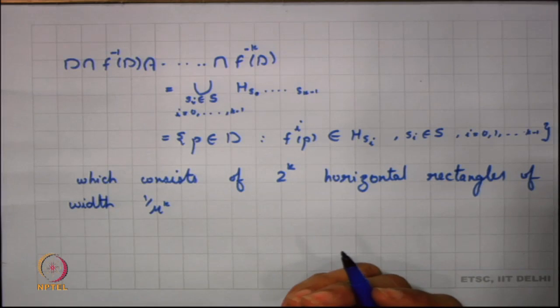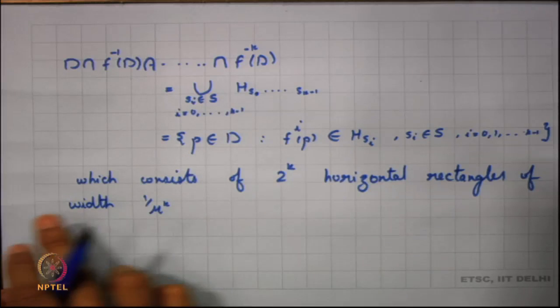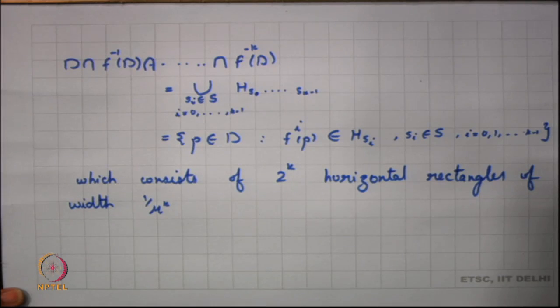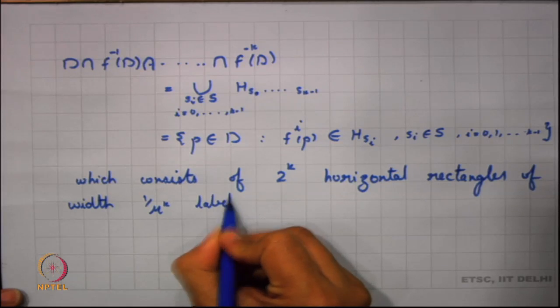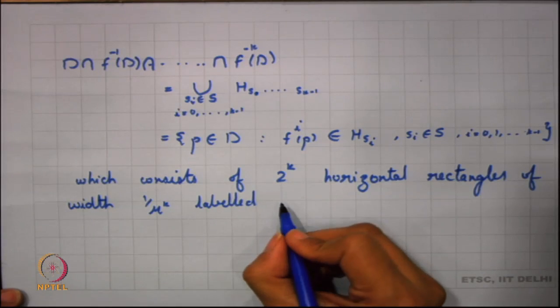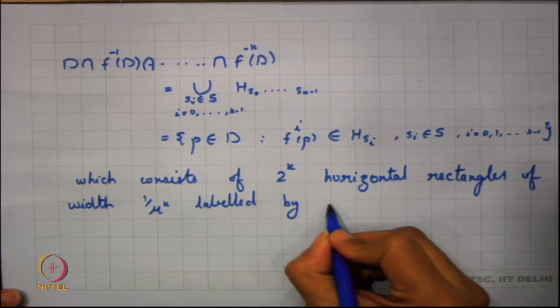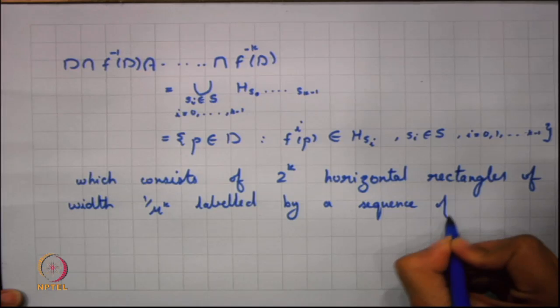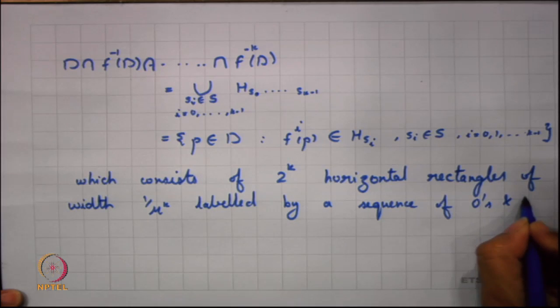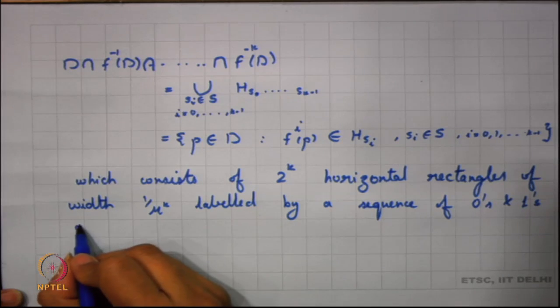How is it labeled? So, we have 2 to the power k horizontal rectangles of width 1 upon mu to the power k, labeled by a sequence of zeros and ones of length k.